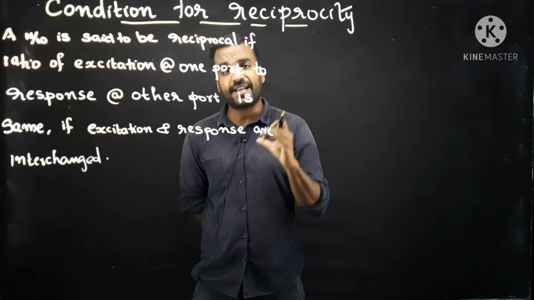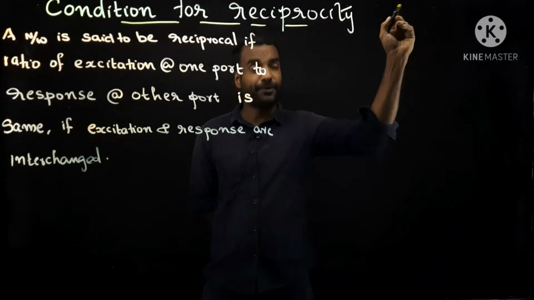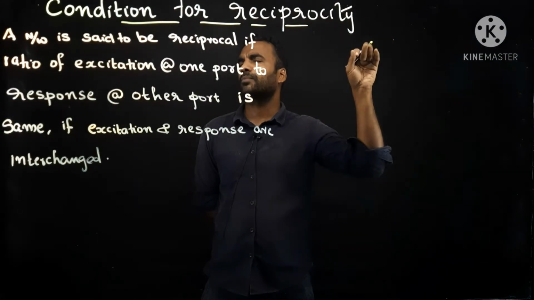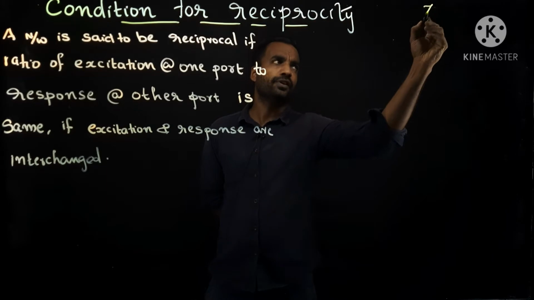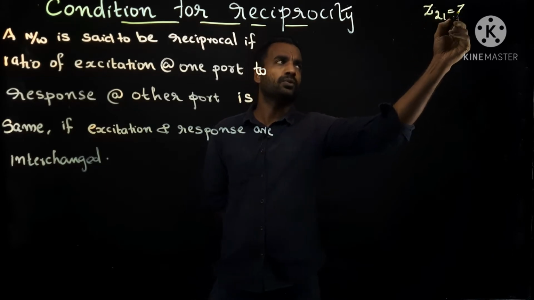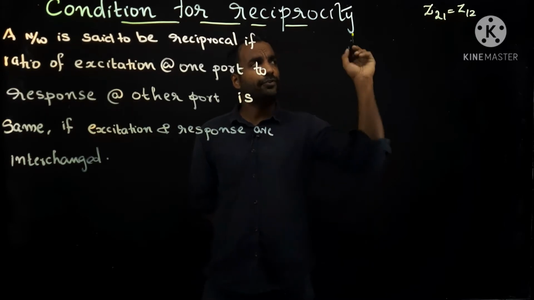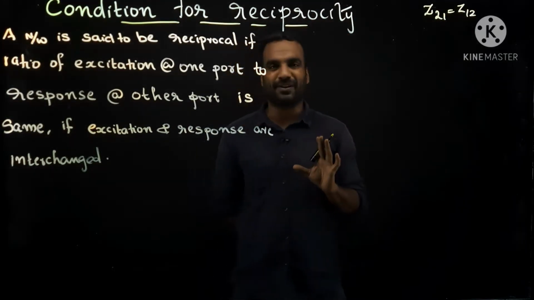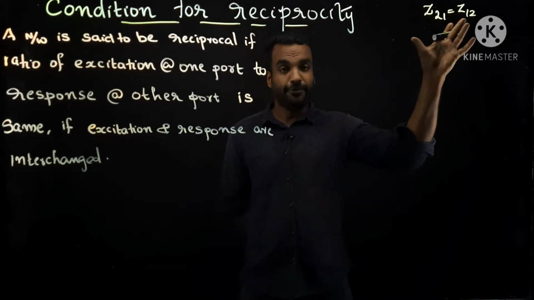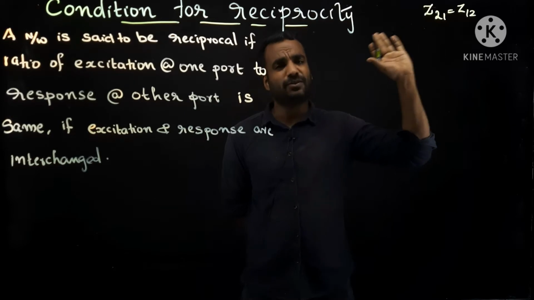In our first example problem, and in both of our examples that we did in the previous class, we got that Z21 is equal to Z12. So if we get this, then we can say the circuit is reciprocal. That you already know.